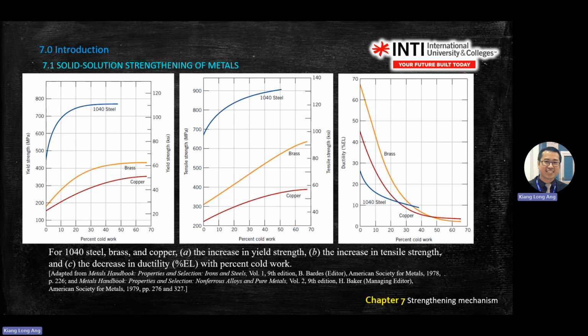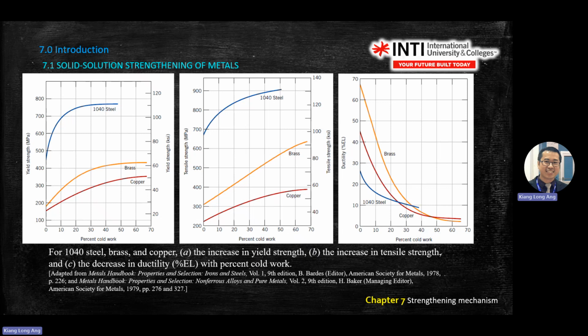As you can see here, you have three different lines: steel, brass, and copper. So you have red color, orange color, and blue color. If the percentage of cold work increases, you see there's an exponential behavior, but the change of yield strength becomes smaller and smaller.